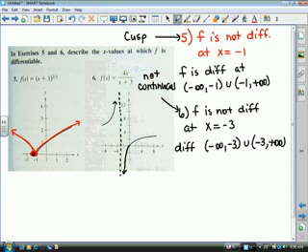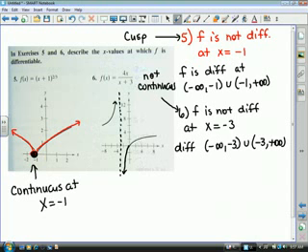Now, this is what's hard on this one right here. It is continuous there. It's continuous because the limit from the left and the limit from the right are the same, and then there's a point there. The reason it's not differentiable is because it's a cusp.